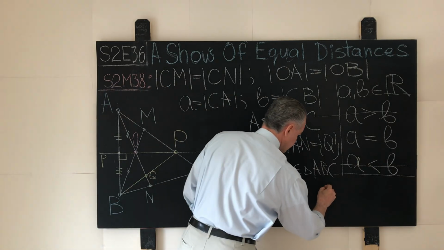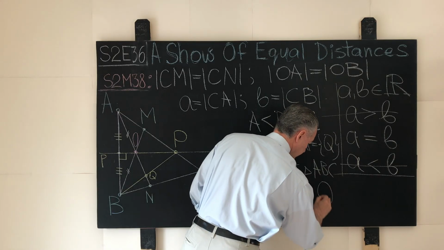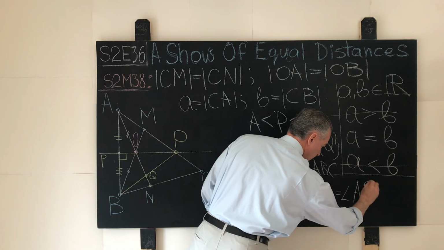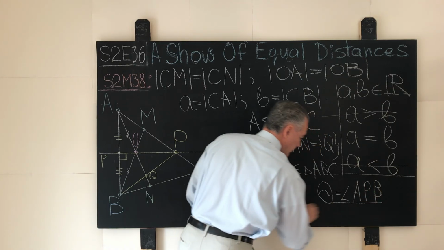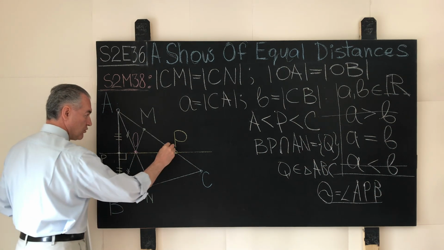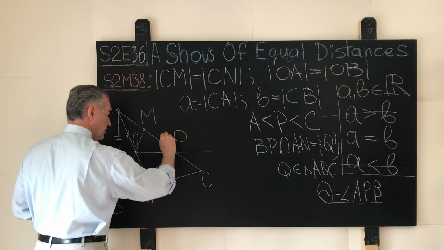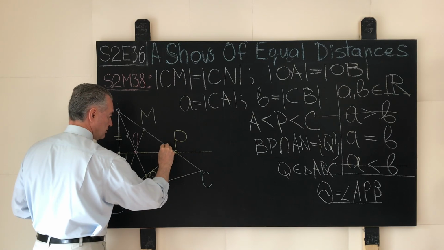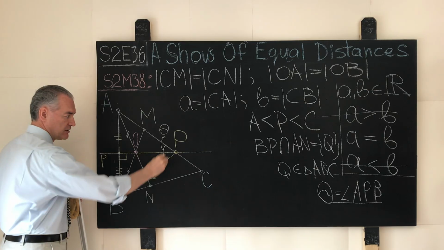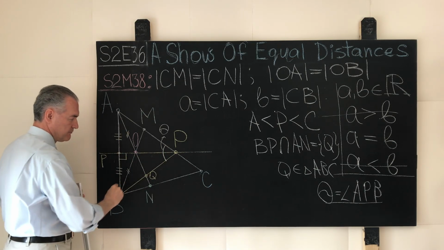The angle APB, we will call it the angle theta. I wrote it over here, so the angle APB will be the angle theta. This is the angle theta, APB.